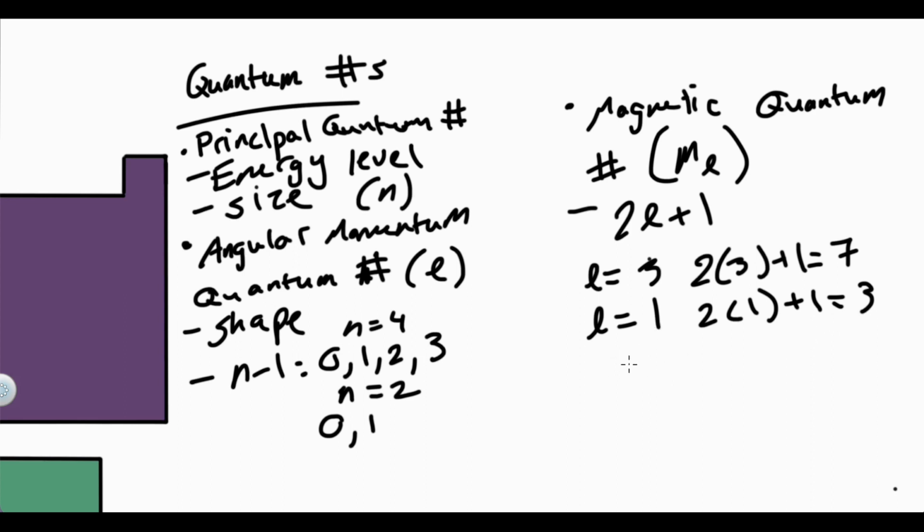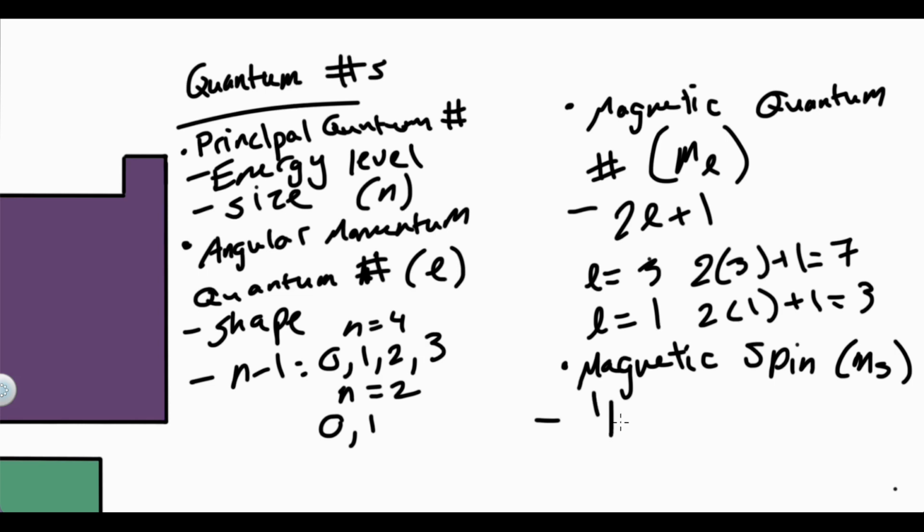Okay? So the last one is the magnetic spin, which is going to be M subscript S. And there's only two possible values for magnetic spin: positive 1/2 and negative 1/2.